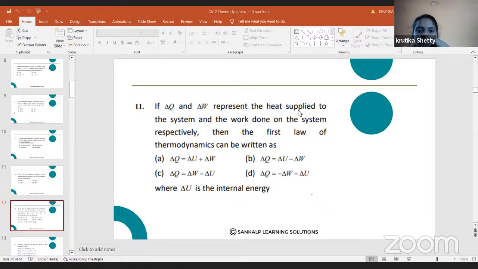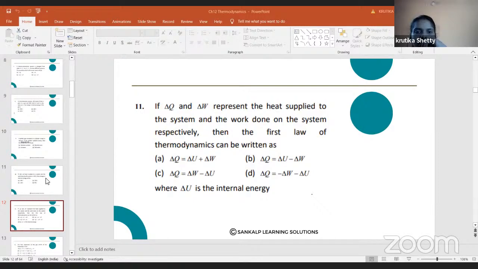So simple one, it is just the direct formula. It is A: delta Q is equal to delta U plus delta W. A is correct.